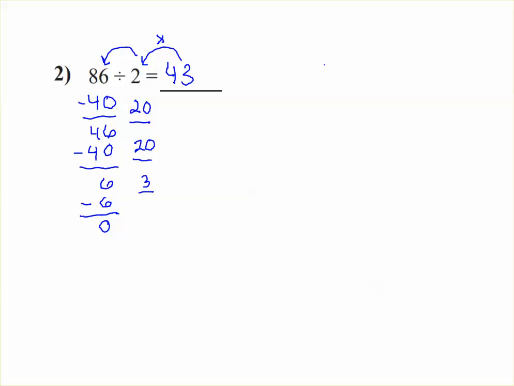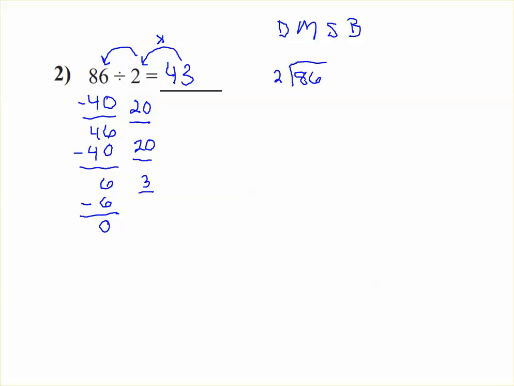So here's the way that they learned, and I'll teach you this too, is we're going to divide, multiply, subtract, and bring down. Okay? And so let's try that right here. We're going to take 86, and we're going to divide it by 2. We want to see how many 2's can go into 86.